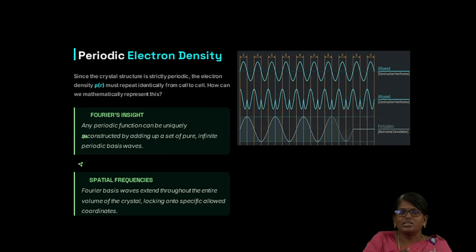For example, consider a periodic wave of 100 Hz. What Fourier says is that an infinite number of sine waves and cosine waves of different frequencies, different amplitudes and different phases can be added together to obtain that periodic wave of 100 Hz.